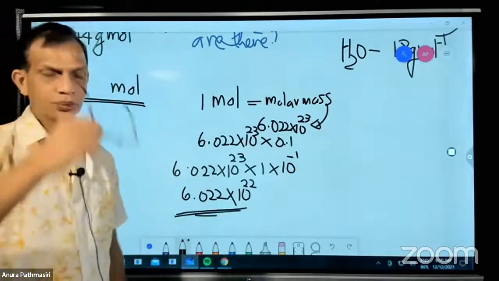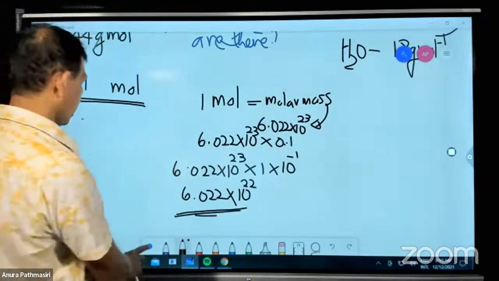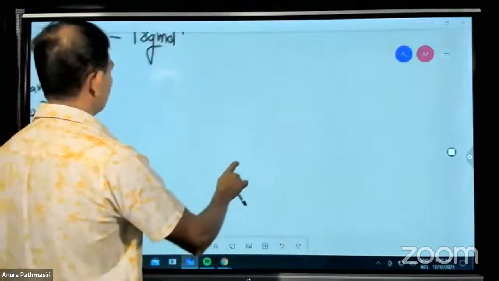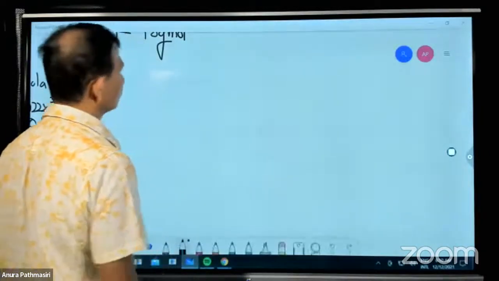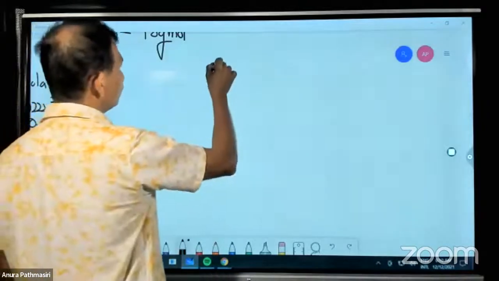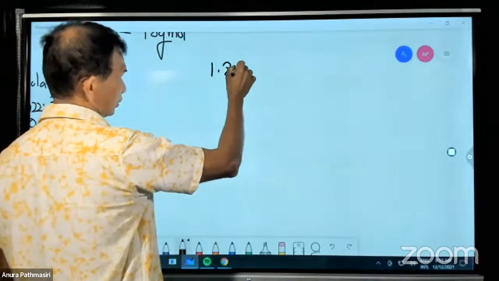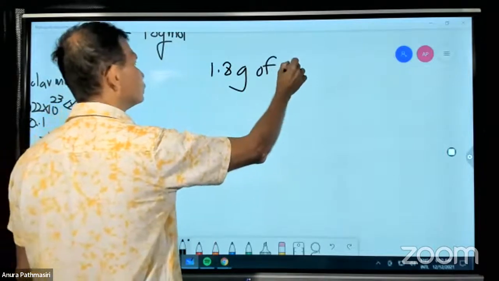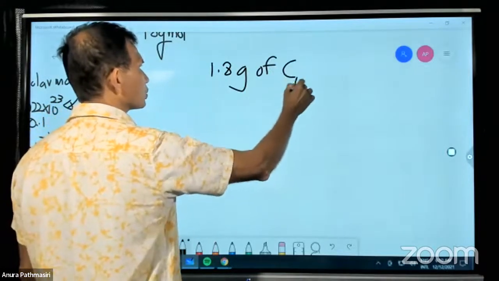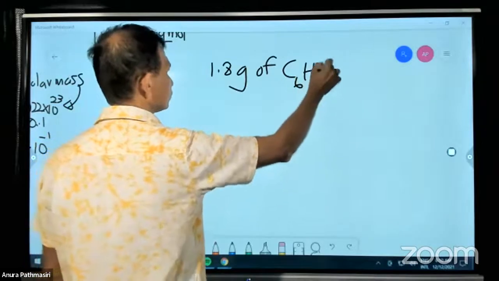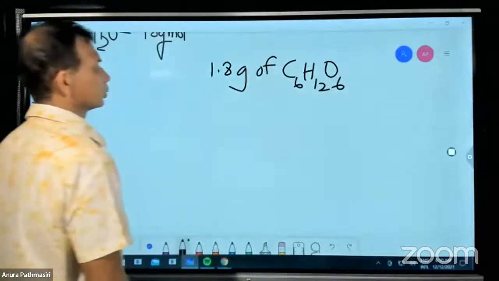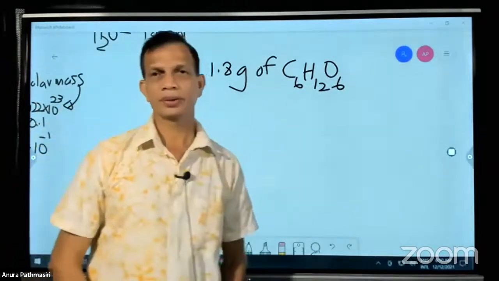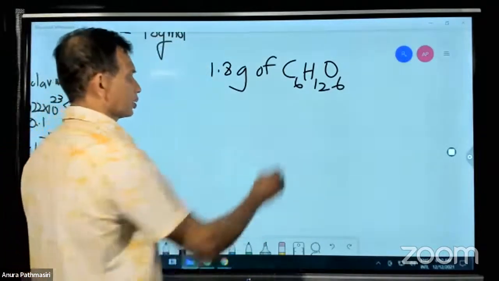Let me give you a small task. The number of molecules available in 1.8 gram of glucose, C6H12O6.